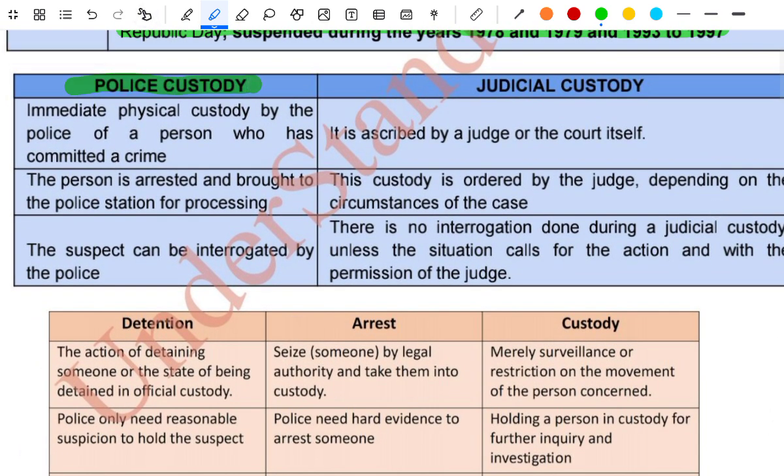Police custody. The immediate physical custody by the police of a person who has committed a crime. A person is arrested and brought to public attention for the proceedings, and the suspect can be interrogated by the police. Judicial custody.